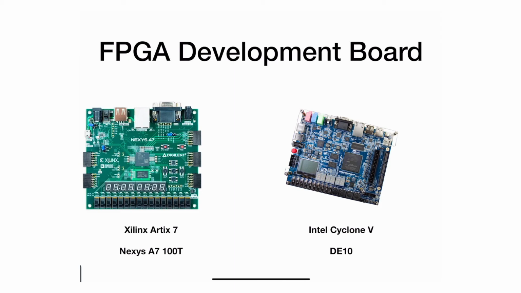What we're going to be doing in this course is using an FPGA dev board. The dev board has the FPGA and a bunch of inputs, outputs, and sensors. The one we will be using is this one from Xilinx, the Nexys A7-100T, and it contains a bunch of switches and LEDs, so you can turn them on and off. You even have 7-segment displays in here.